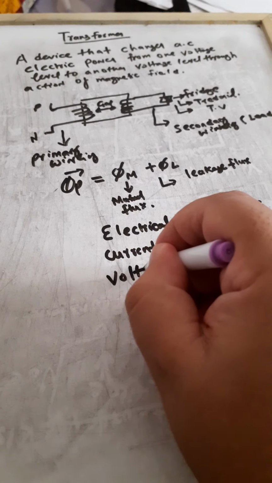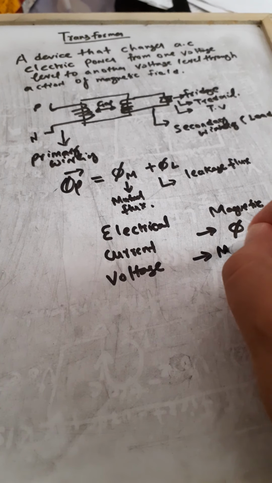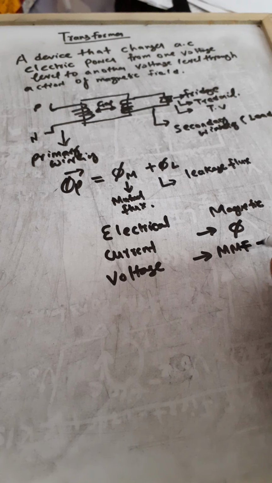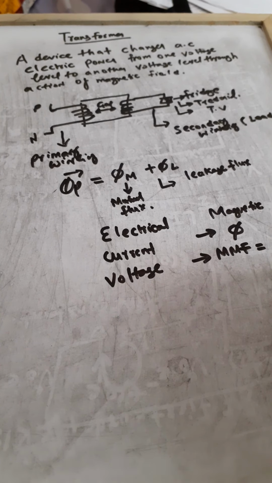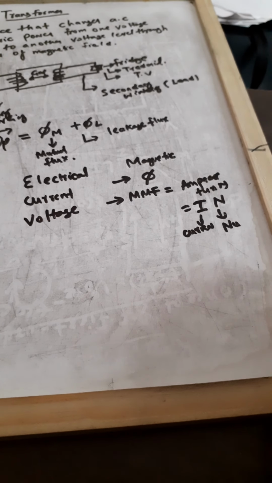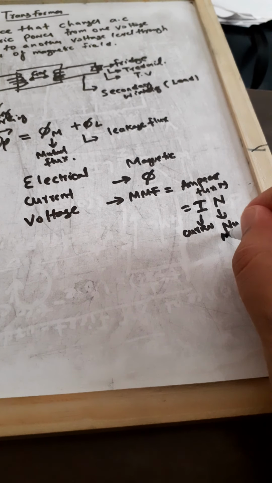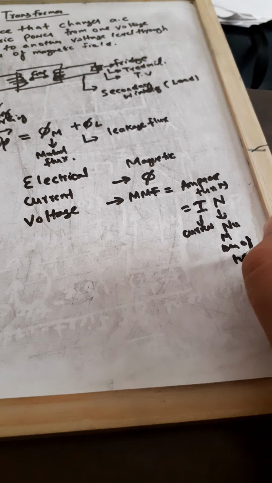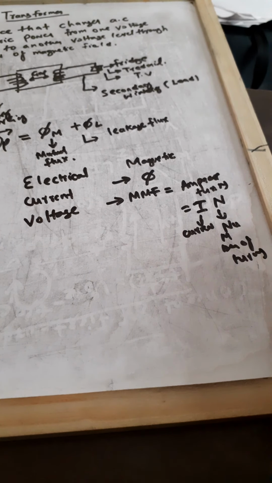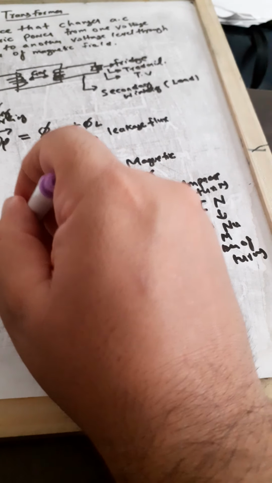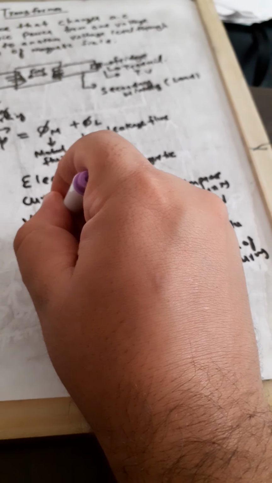Here you have voltage, the equivalent of this is your mmf, which is also equal to ampere turns, that is your current I into number of turns N. So one factor that is important is another thing which I'm using, here, resistance.